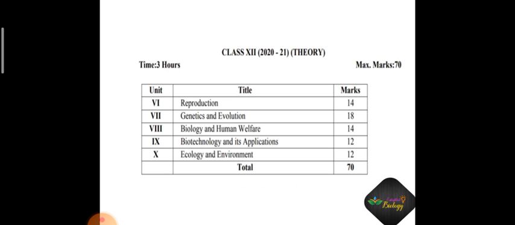After that come biotechnology and ecology and environment. If you have an idea about all these units, then you can decide which one to focus on more, which one less. But almost the marks are nearly equal. They are not less. But let us check the length of the lessons they have. We will discuss that now.